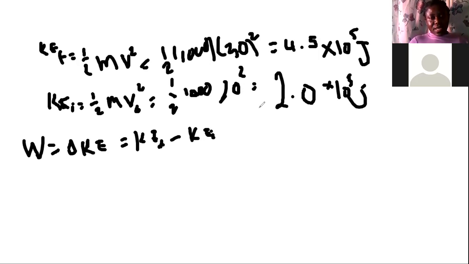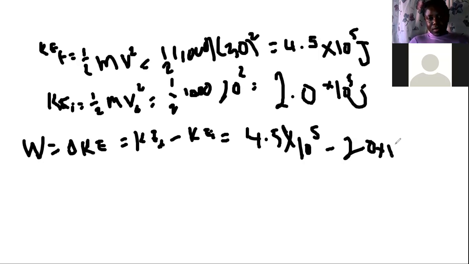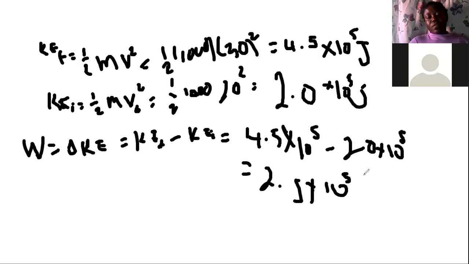This gives us 4.5 times 10 power 5, then we subtract that 2.0 times 10 power 5, and we get 2.5 times 10 power 5. So whatever you do, it's all the same. Just be careful that you always square, and you don't subtract the velocities first and then square them later, because it is not equal.